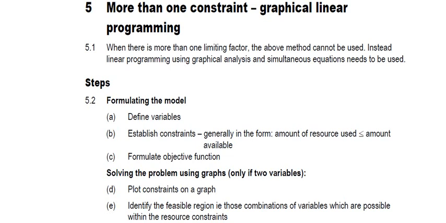Once the graph has been plotted, then you identify the feasible region. Under computer-based, you have to label the feasible region. So you have to pick out which one is the feasible region on the graph.